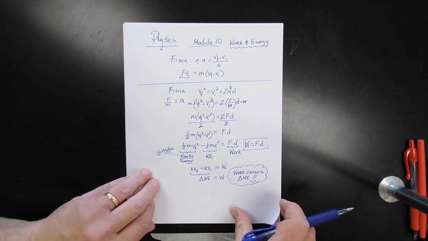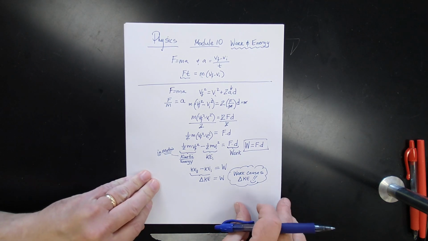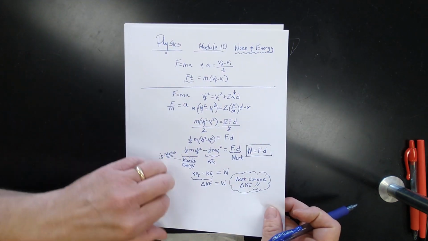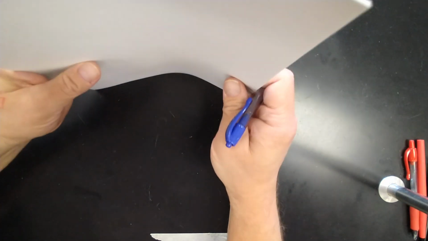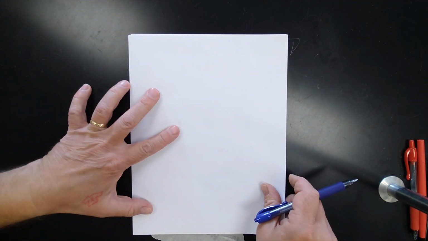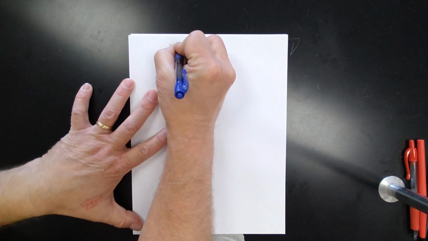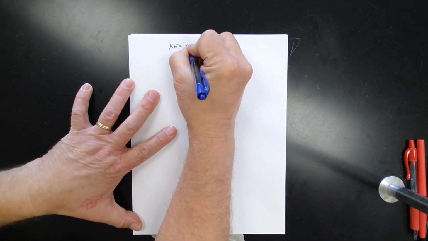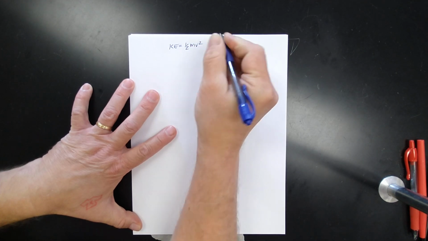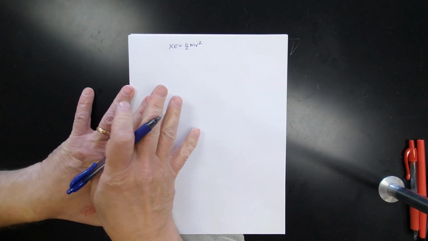So let's go over an example. We've derived the equation. Now let's see if we can use it. We're going to be using kinetic energy is 1/2 mv squared. We're not going to do the initial and final thing. Let's do the basics here.